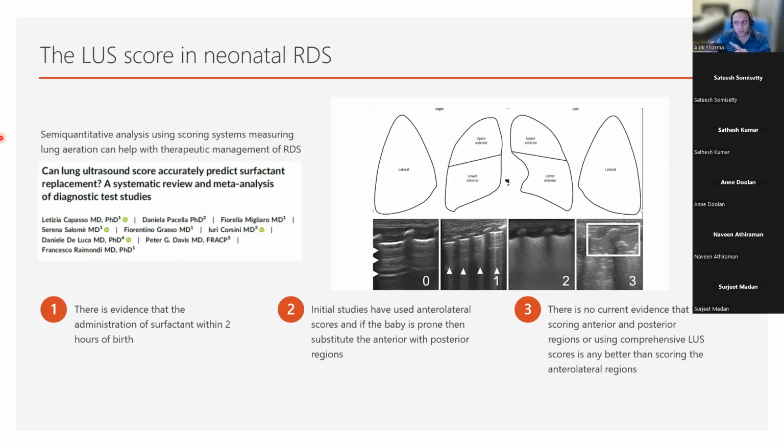Is this a steroided 27-weeker girl who has no work of breathing, has very good clearance of CO2, who really looks pristine, versus an unsteroided 27-weeker boy who has come out with group B strep in the background and has needed IPPV at birth? Now, they're two different settings. And I think what I'd say is, if you merely use FiO2 to determine whether you're going to give these two babies surfactant or not, you're doing a disservice to both of them.